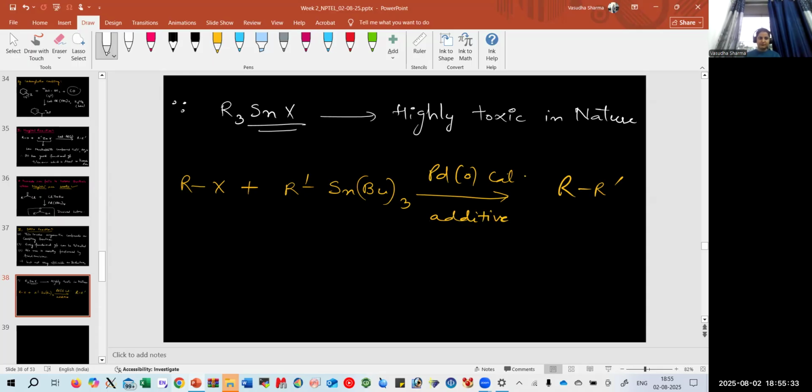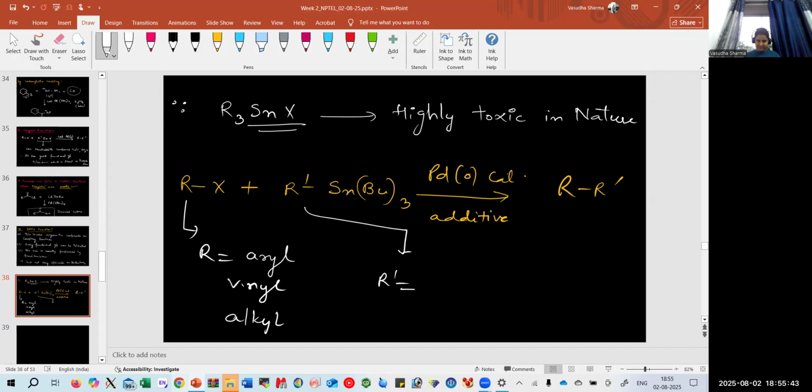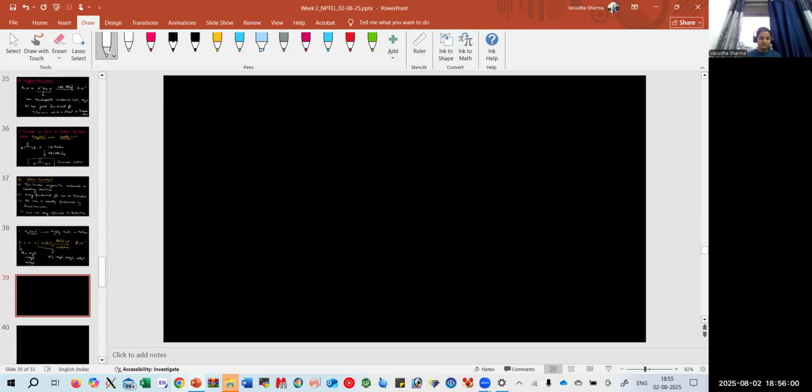Here, the beauty of this reaction is that R can be aryl, vinyl, alkyl, or alkenyl. Similarly, R' can be aryl, vinyl, or alkyl, so anything. So it would be useful in many substrates that require only standard conditions, not very harsh reaction conditions. So let's see some examples.